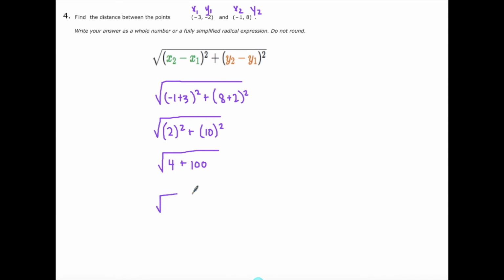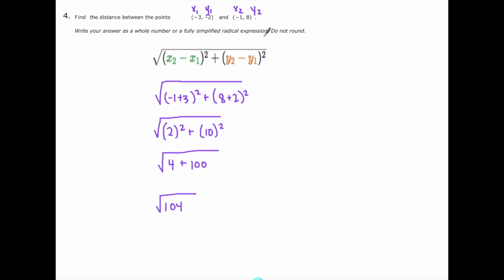We end up with the square root of 104. Now if you type that into your calculator, it's going to give you a decimal, but the second part of our problem says to write your answer as a whole number, and obviously we won't get a whole number with this one, or a fully simplified radical expression.